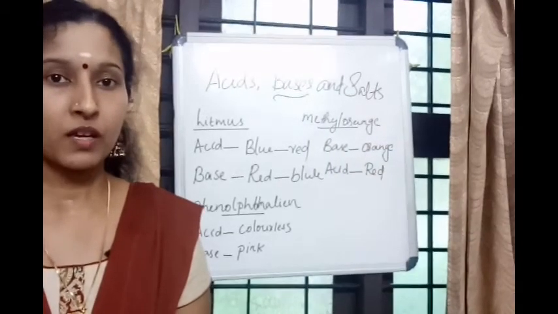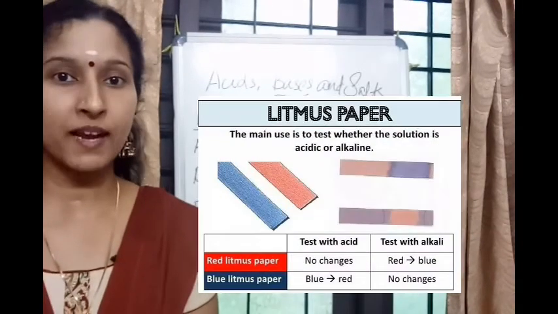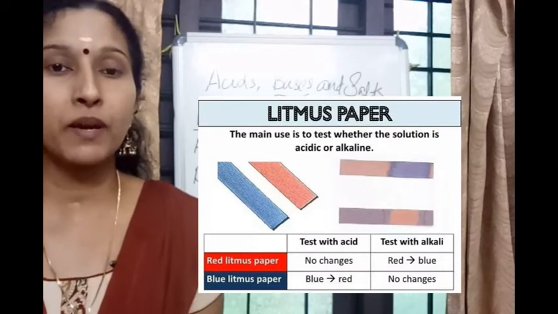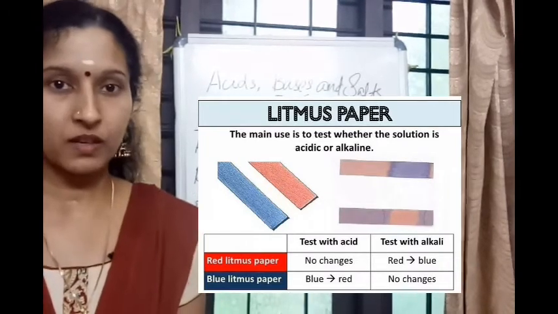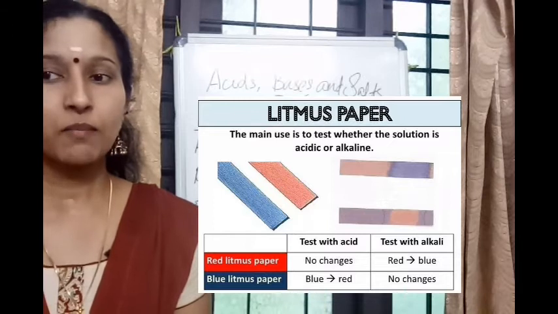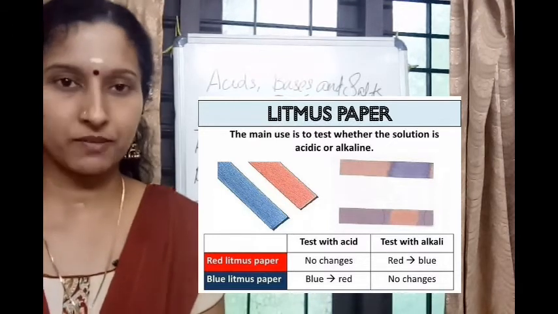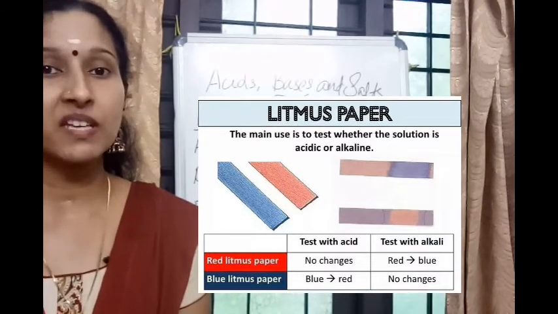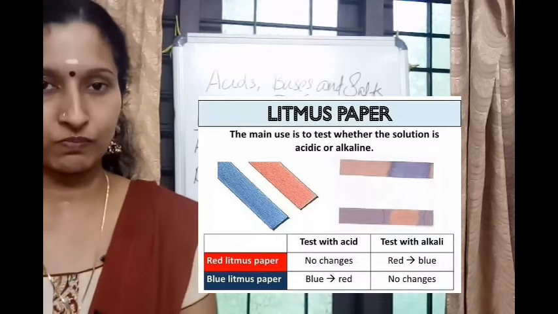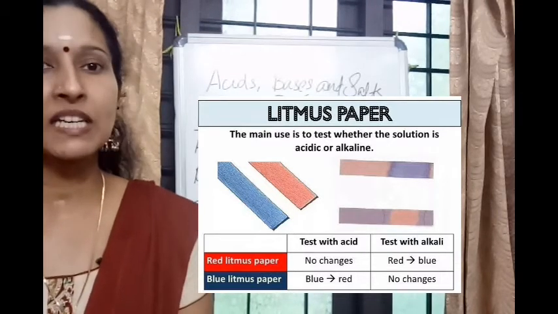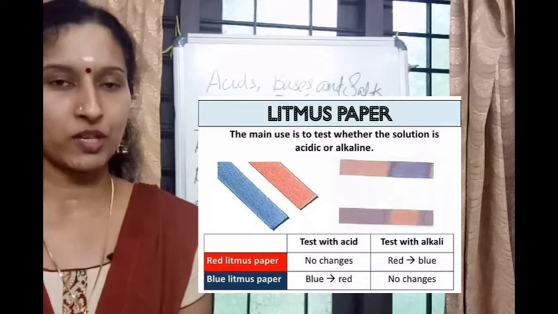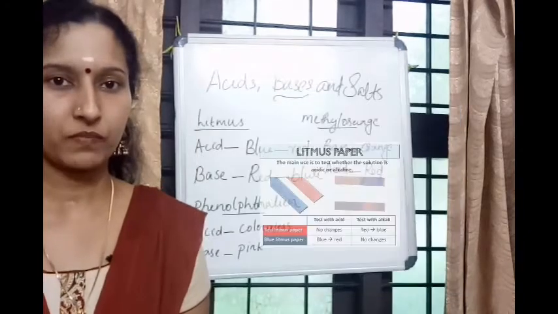We have two litmus papers, red litmus paper and blue litmus paper. Acid changes blue litmus paper to red, and the base changes red litmus paper to blue. This is the color change in litmus solution or litmus paper.